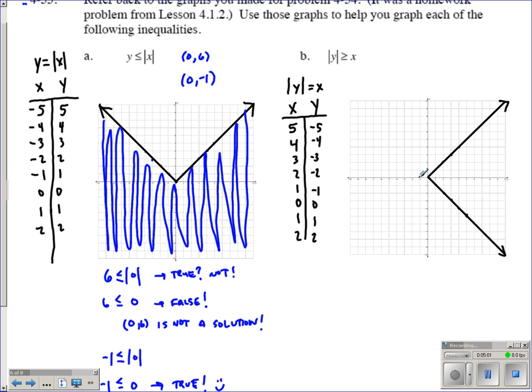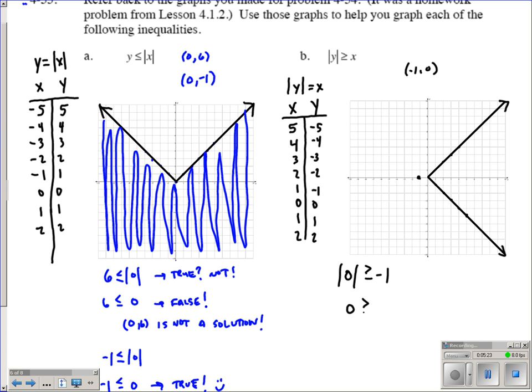In this case, I'm going to choose the point (-1, 0). Let's plug it in here. So we're going to say 0, that's our y, so we're going to take the absolute value of 0. Is that greater than or equal to -1?